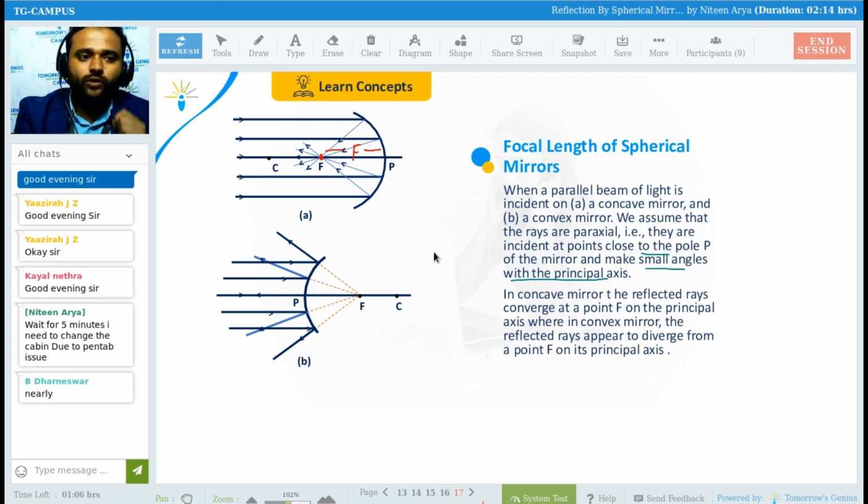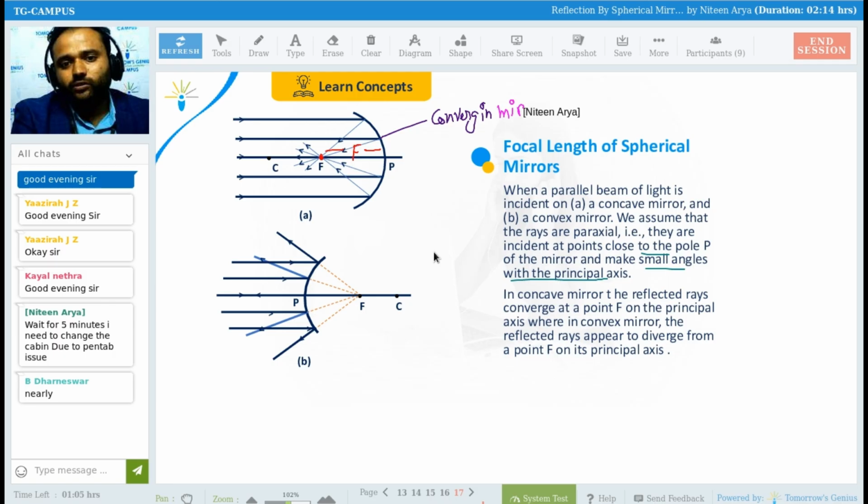Now this dotted ray is a virtual ray, it is not actually coming through there. Why so? Because this is a diverging mirror and that is a converging mirror. The concave mirror is also known as a converging mirror because it is going to converge each incident ray.